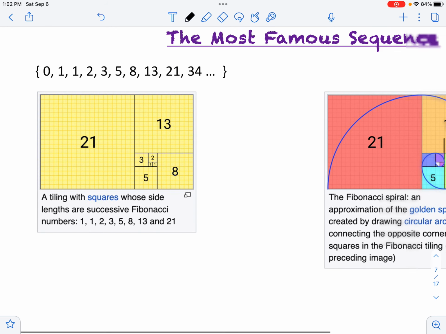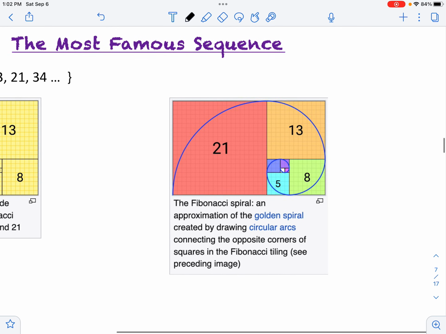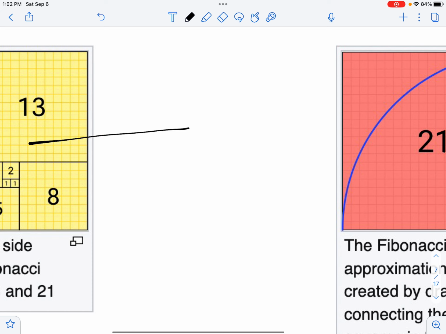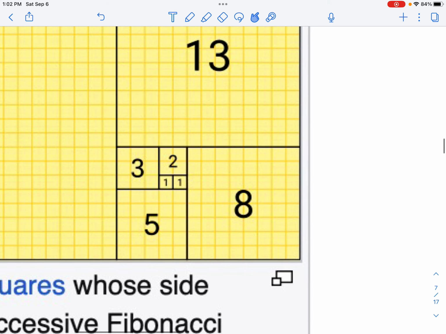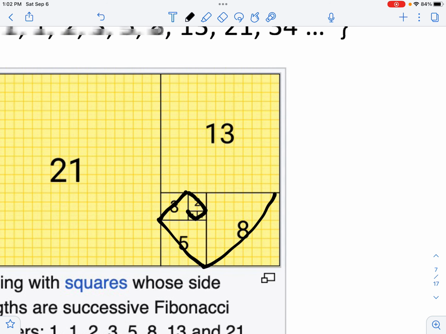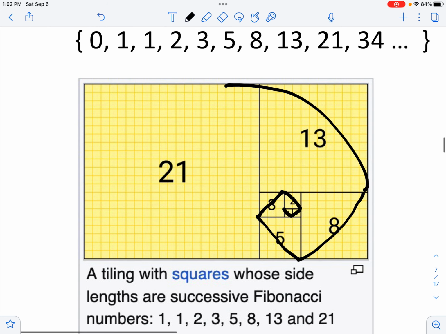Now, if you connect the corners of each square, you just take this and you connect the corners like that. Right? Now, I just do them straight. But now if you start to do that with a slight bit of curve, then you get a spiral.